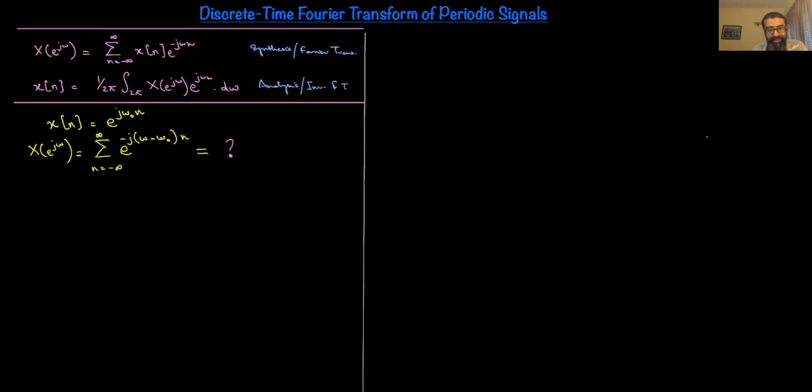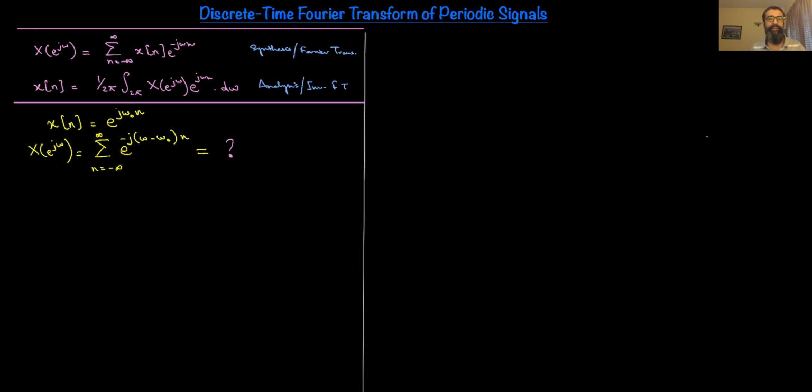Does it converge or not? You can clearly see that at least when omega equals omega naught, this sum does not converge. It diverges all the way up to infinity. But what happens when omega is not equal to omega naught? This is difficult to figure out just by looking at the summation, even though I would encourage you to try to think about it. It can be done in this forward manner.